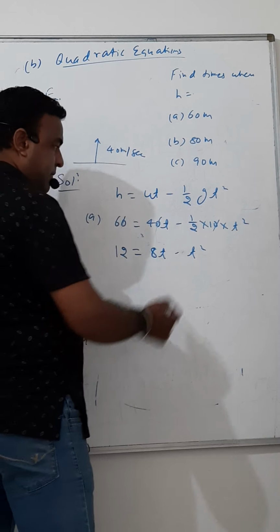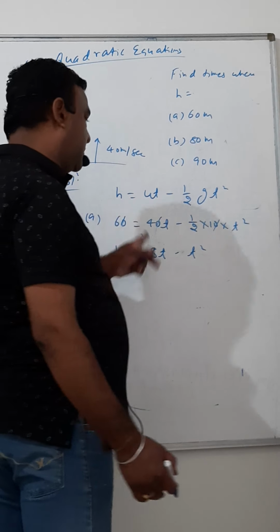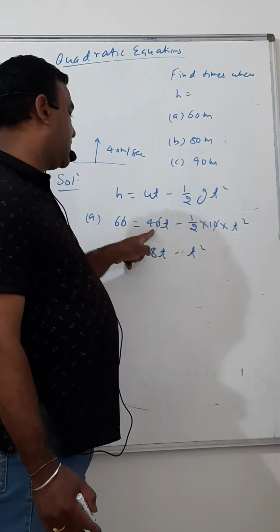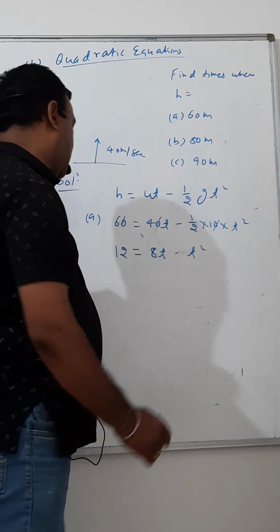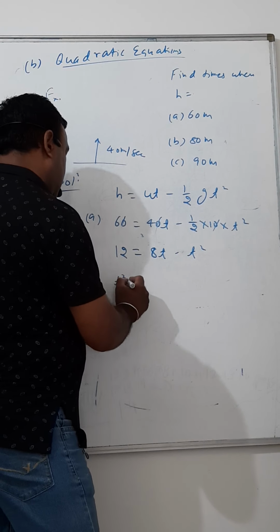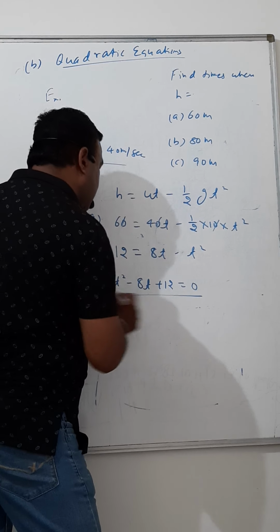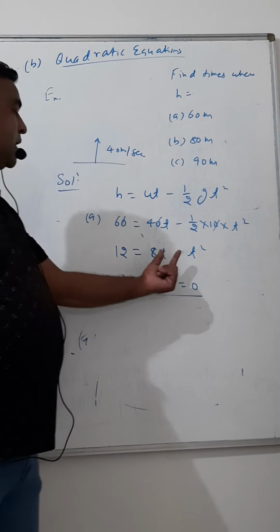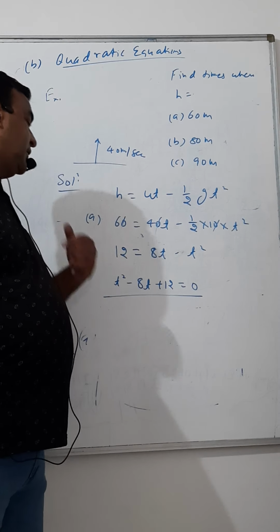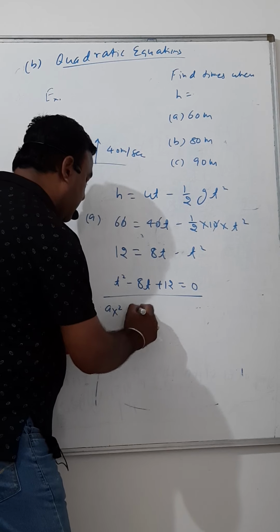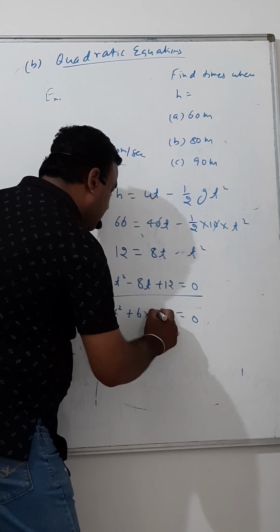I hope you are getting it. I cancelled all the zeros, then multiplied the whole equation by 2. This becomes 12, this becomes 8t, and this is t square. Now, t square minus 8t plus 12 is equal to 0. I have brought these two terms to the left side. Now let's compare this equation with ax square plus bx plus c is equal to 0.